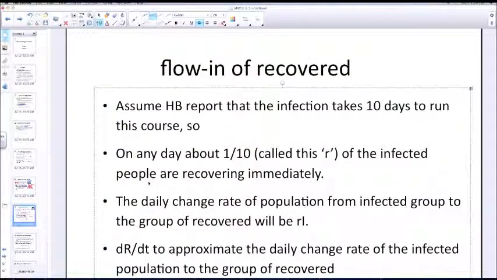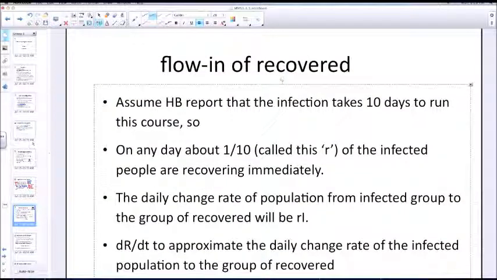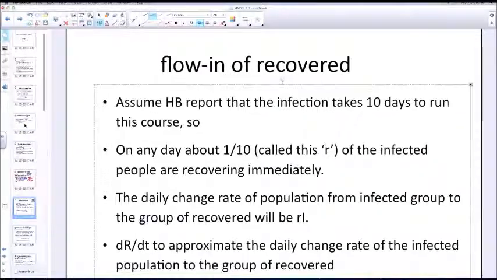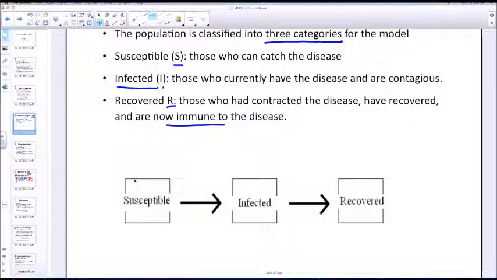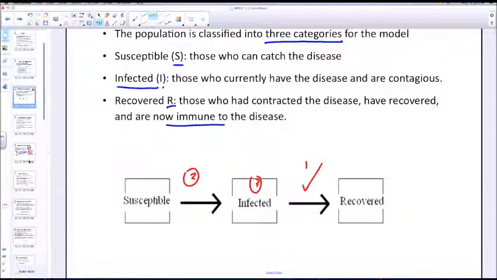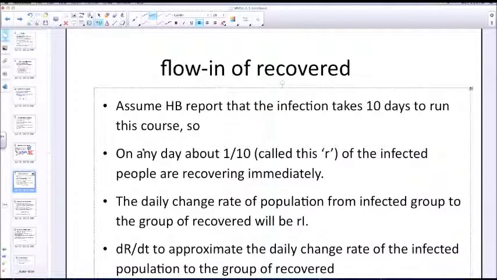On the right side, just to keep this conceptual model in mind, the easiest thing is to look at this one first. Then we are going to look at that one second, then we look at this one third. So let's look at the flow into the recovered. Let's assume the health board reports the infection takes 10 days to run its course.